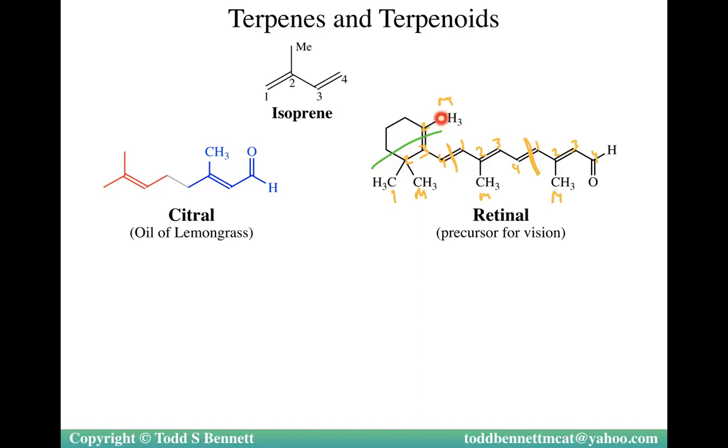If I end up numbering this way instead, let me undo, and unfortunately it's going to do away with all those bonds I did up there. But I now know that this 2 must have something to do with this other one. So again, 4, 3, 2, 1, 4, 3, 2, 1, 4, 3, 2, methyl 1.